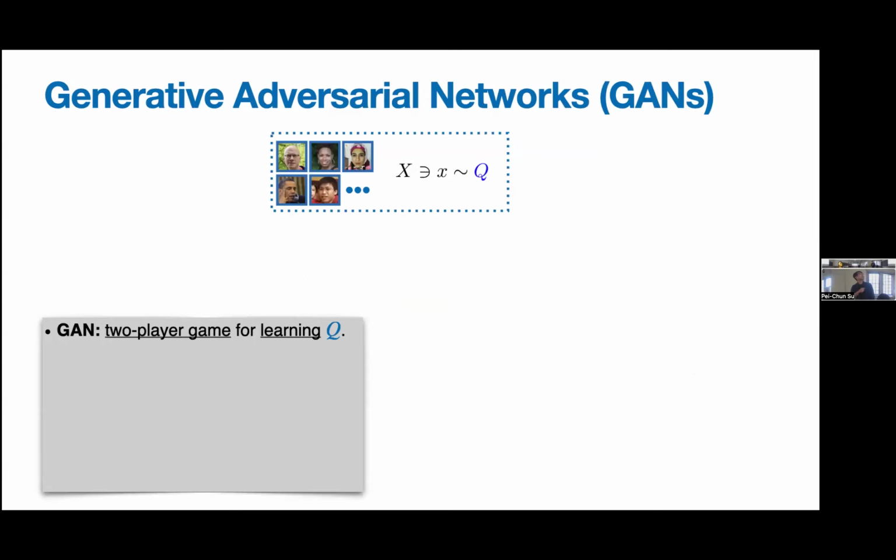Okay, to better understand the notion of divergence, let me introduce one of the well-known generative models, which is the generative adversarial networks, abbreviated as GANs.